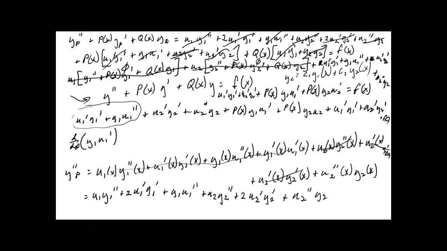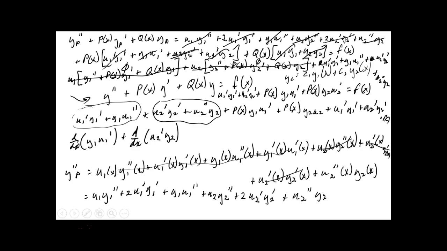Why? Don't know, but let's do it again. Do the same thing to these 2, and that's d by dx of u2 prime y2. And I'm writing them backwards. I don't know why, but sure enough, that is the case, because this would be u2 prime y2 prime plus u2 double prime y2. So that's true.